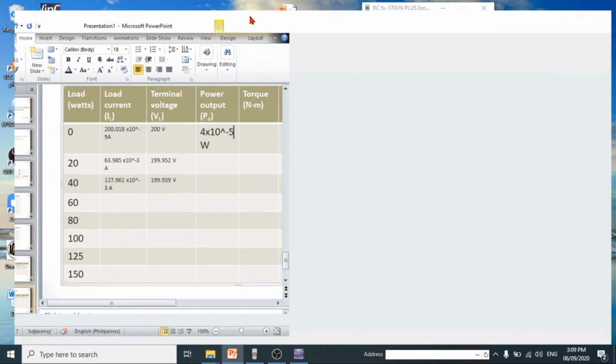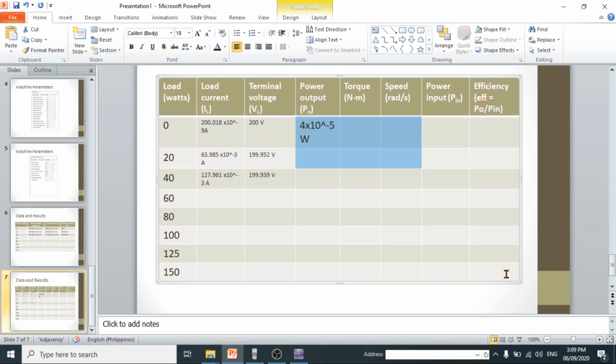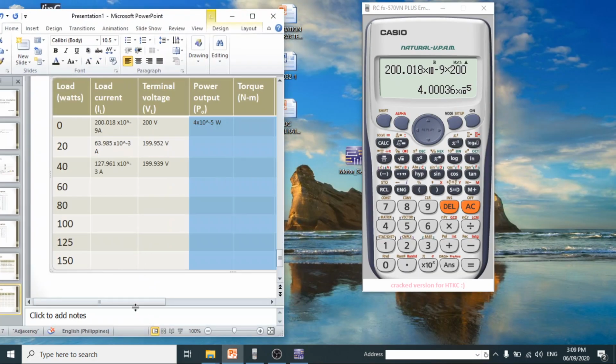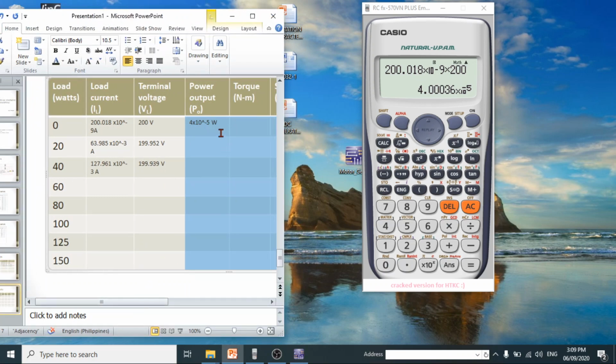So that's 4 times 10 to the power of -5 watts. For the 20 watts load, take note, this load in watts is the maximum wattage in the virtual lamp.